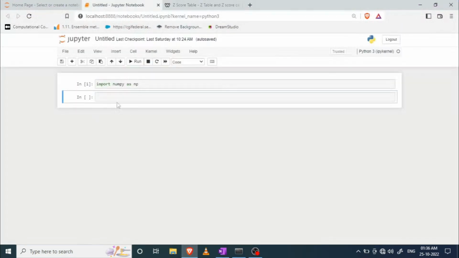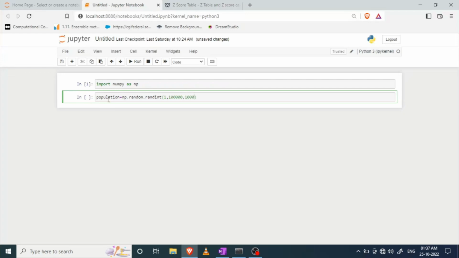Here I currently have a Jupyter notebook and I've imported the NumPy library with the alias np. I'm going to create a population with the help of some random numbers, using randint.